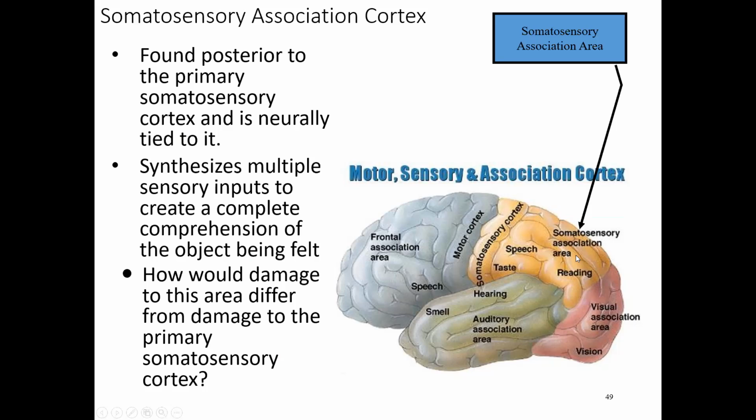The somatosensory association area can take all the input coming in from the skin, from the proprioceptors, and put it together in one comprehensive picture. That's what association is all about. It integrates all the data, all the input, to give you a comprehensive picture.